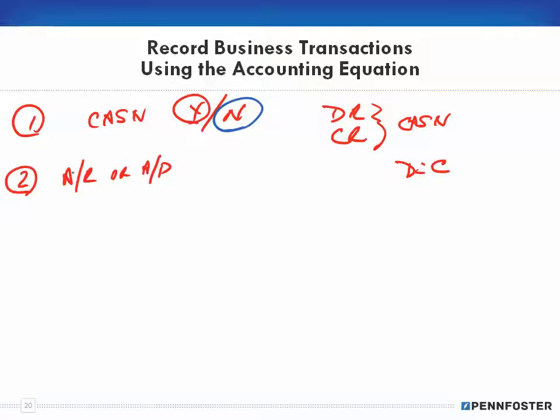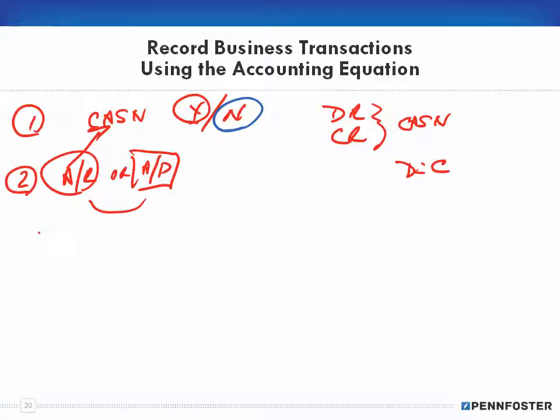Now here's the thing. If I affect accounts receivable, I treat it the same exact way as cash. But if instead I choose accounts payable, accounts payable and accounts receivable are the same exact thing. It's offering on credit.